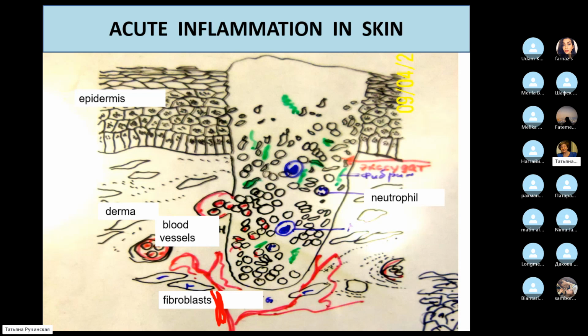Because macrophages, which come to the region of inflammation, release some enzyme such as collagenase. Collagenase breaks down collagen, and after restoration there will be absence of scar, but at the same time, collagenase is a growth factor for fibroblasts.